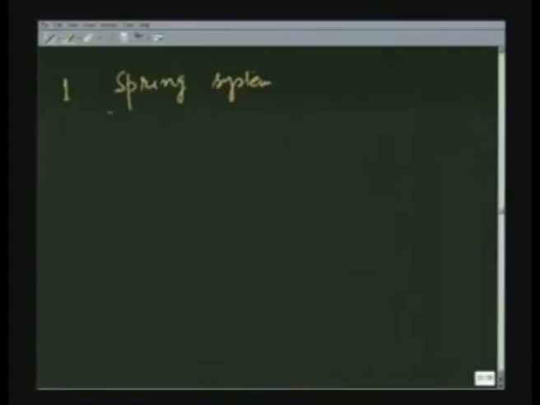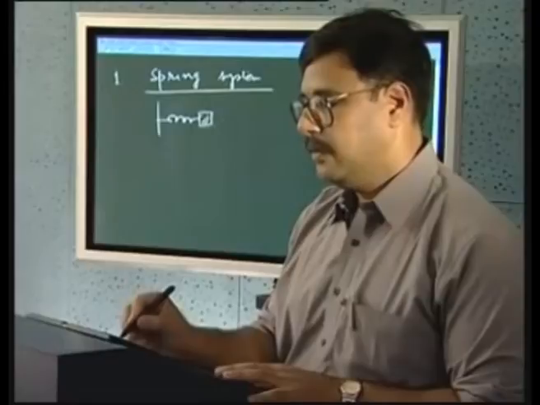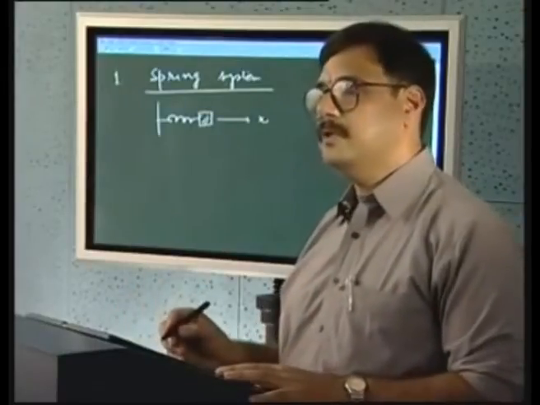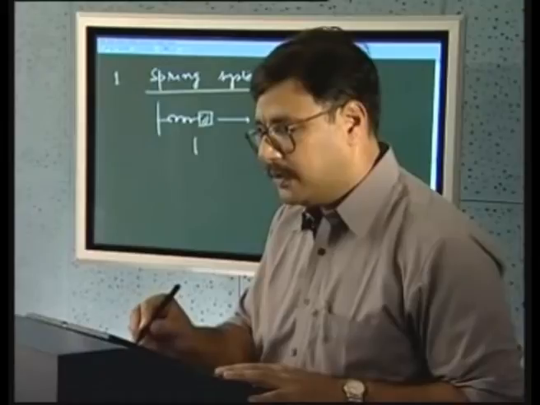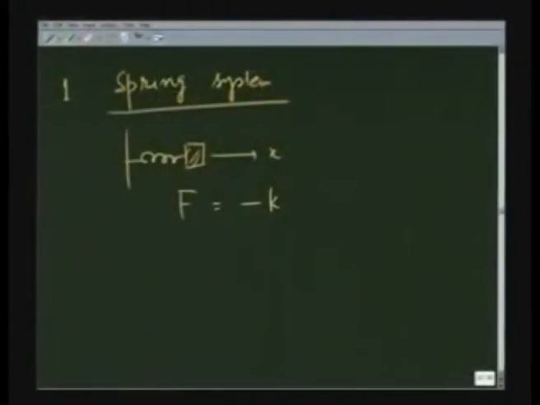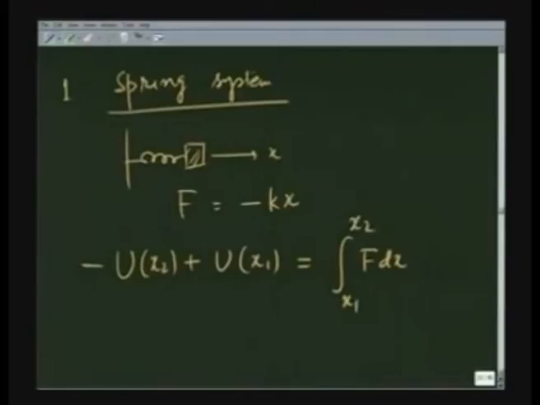One, the spring. A system in which, if a particle is displaced by distance x from the equilibrium position, the force F applied by the spring is minus kx. Therefore, if I were to calculate U(x2) minus U(x1), this would be equal to the integral of F dx from x1 to x2.